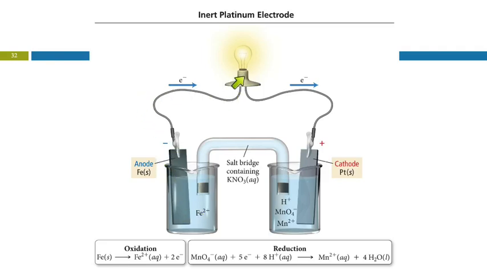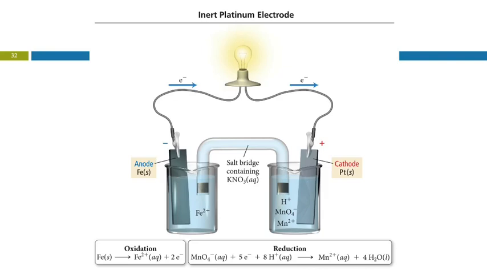The electrons come through here, light up our light bulb, come into the platinum cathode, where they can be taken by the permanganate ion and formed into manganese ions. Now here, the oxidation and reduction reactions are in their lowest balanced state, right? Down here, it's iron to iron 2. We don't have 10s in front of those, right?